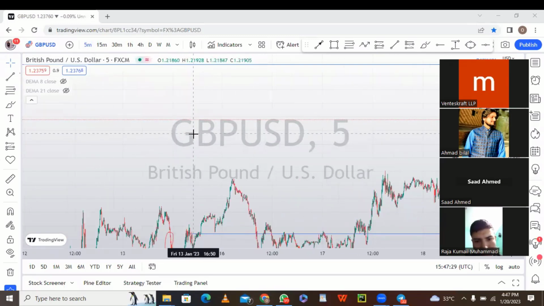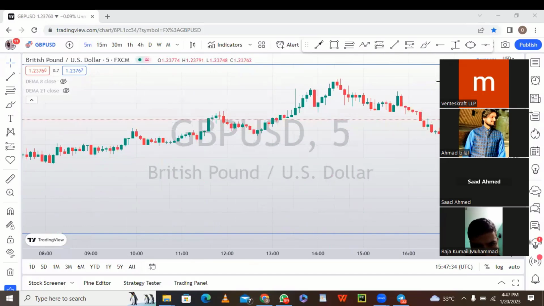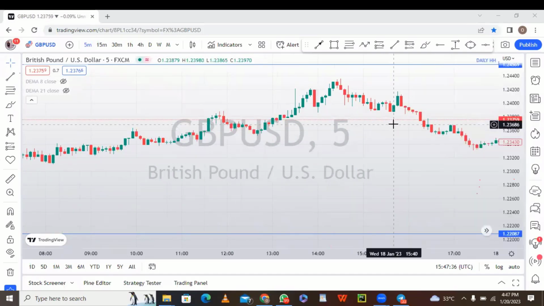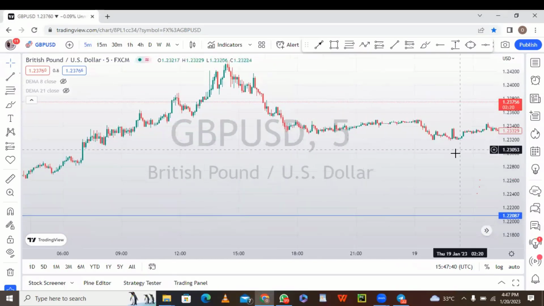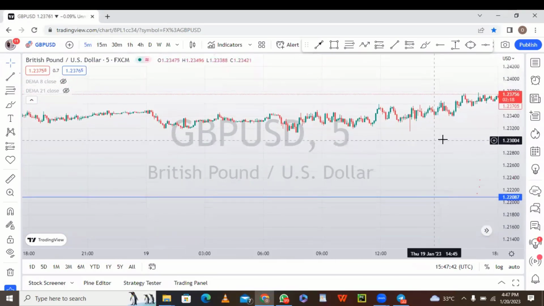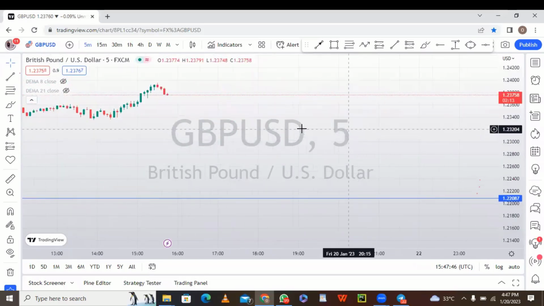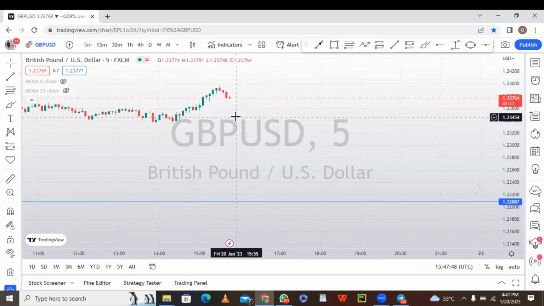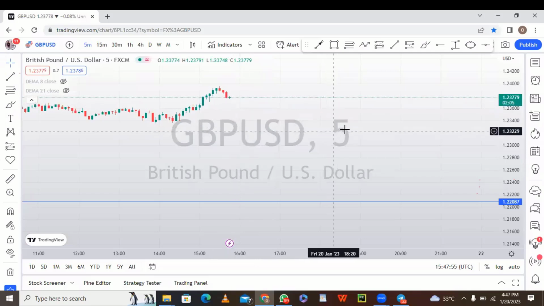What this means is that each of these candles you are seeing on the screen took 5 minutes to complete its formation. If I go to the extreme of this chart, you will notice that after every 5 minutes, the next candle will be formed. This particular candle that is forming will, in the next 5 minutes, complete its formation, and then another one will start.